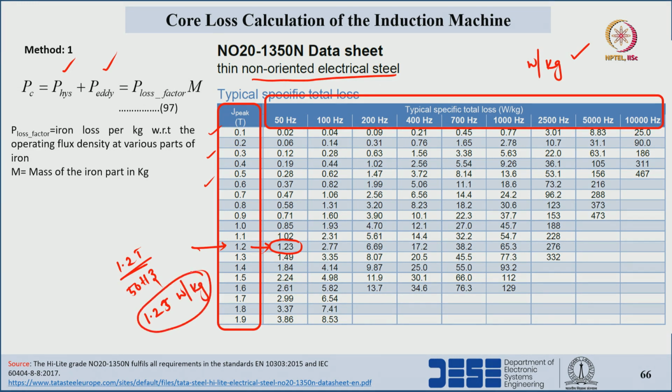So, if we know the watt per kg, then we multiply this specific loss by the mass, and we will get the total core loss. Here P loss factor is nothing but the total iron loss or specific loss in watt per kg, and M is the mass of iron in kg. Based upon that we can calculate the core loss.